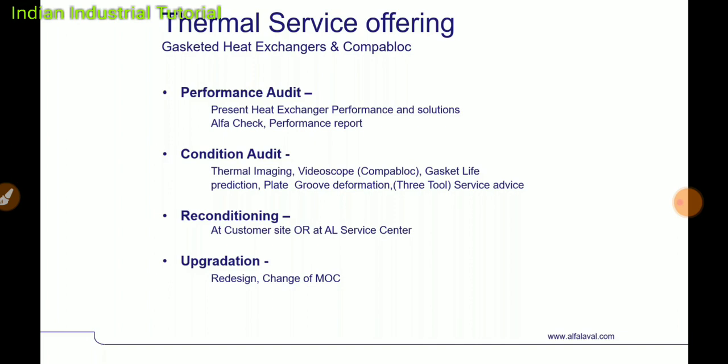We are comparing that performance with the design temperature and flow, and then we generate a report that the heat exchanger is running 60%, 70%, 80% or 90%. If it is going very lower than 80%, then we recommend CIP or cleaning, or on-site cleaning by opening the heat exchanger.